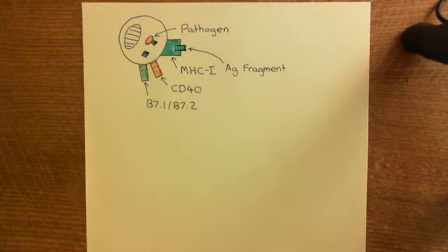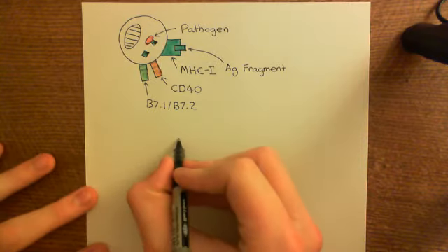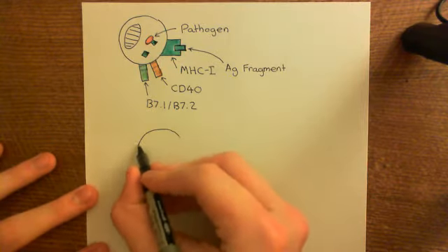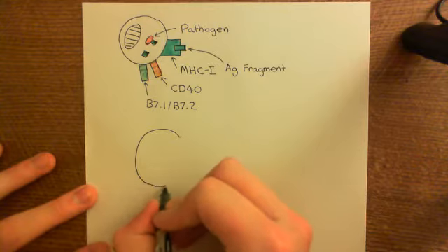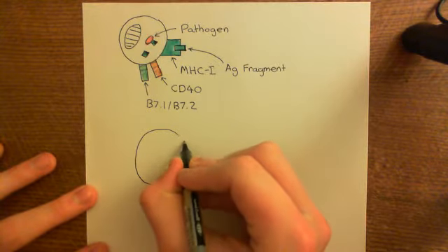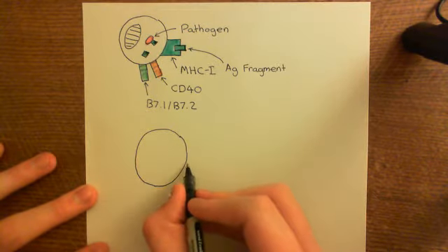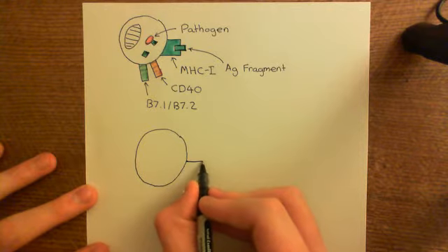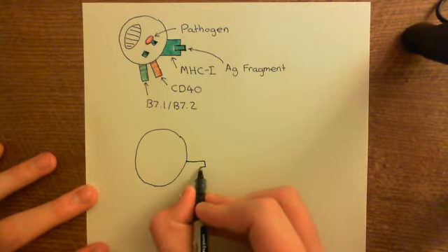And these T cell receptors will be complementary for different antigen fragments. So it's going to search and search and search for a CD8 positive naive T lymphocyte that has the perfect T cell receptor for this antigen fragment that it is presenting.